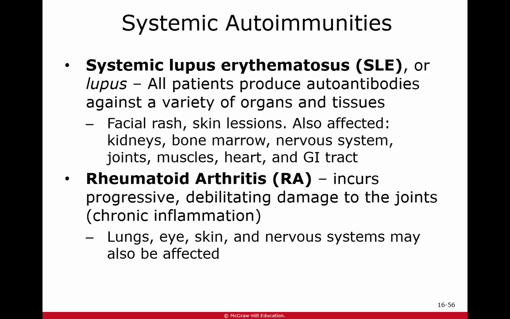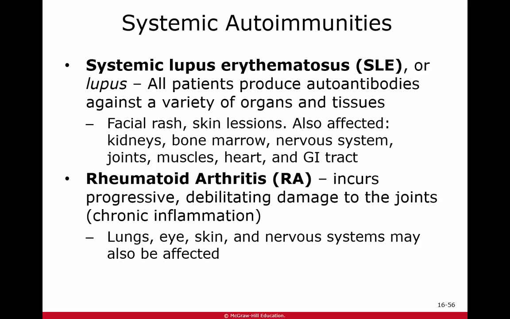Now, speaking about them specifically, the systemic lupus erythematosus, or just lupus, where the patients produce autoantibodies against tissues and organs. You can have facial rashes, skin lesions. It can affect your kidneys, your bone marrow, your nervous system, your joints, your heart. Rheumatoid arthritis, it's going to attack your joints and cause chronic inflammation.